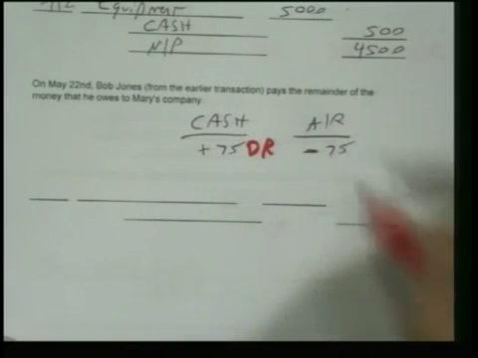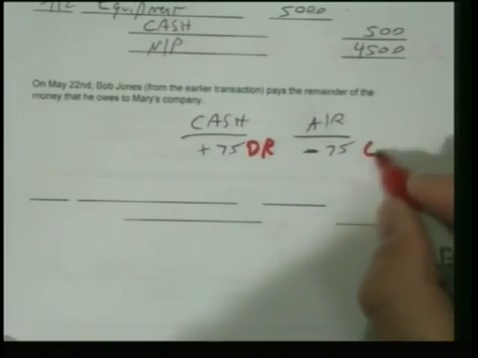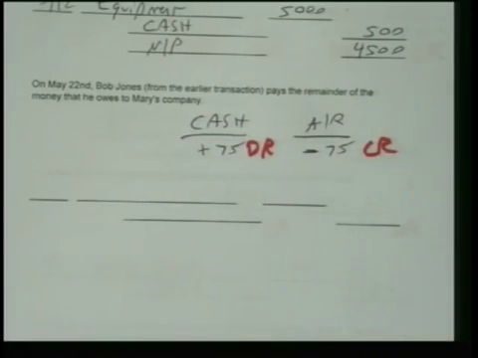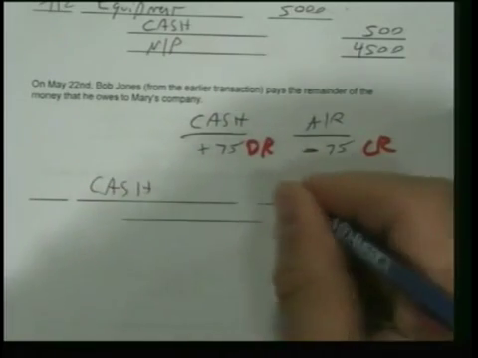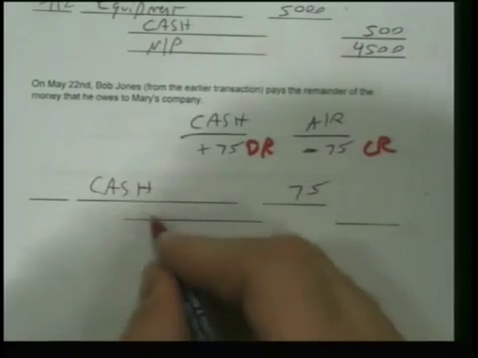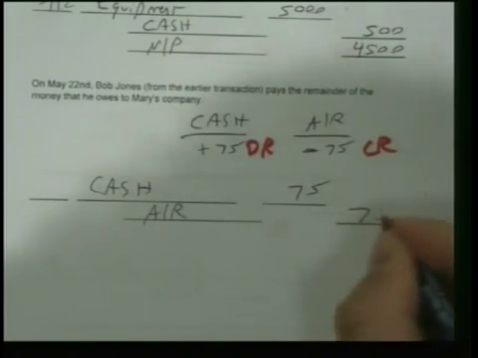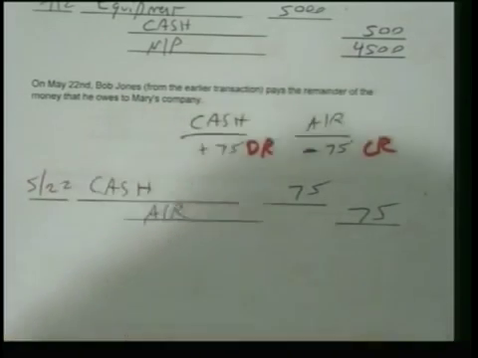Debit it. How do you make AR decrease? Credit it. Debit cash for 75. Credit AR for 75. Total debits equal total credits. This occurred on May 22nd.